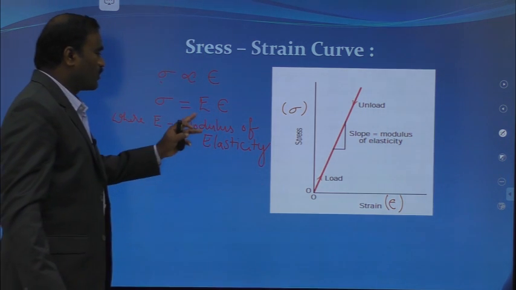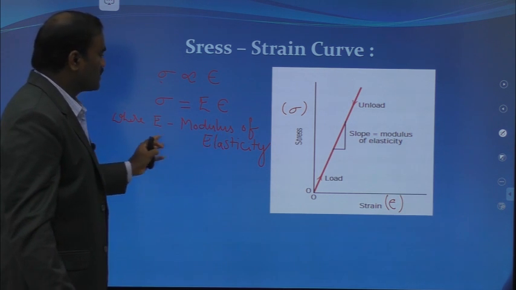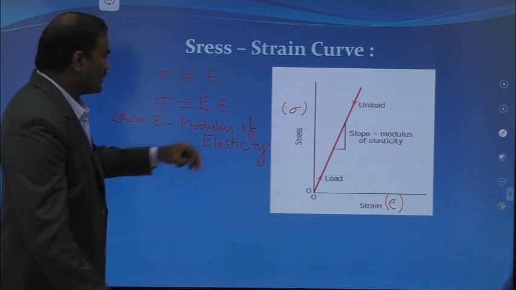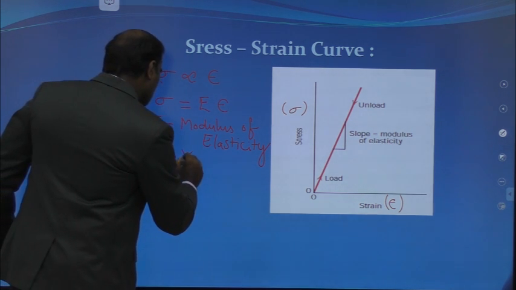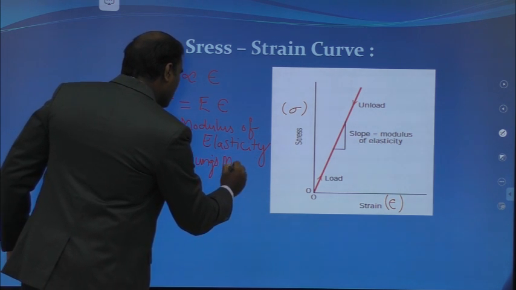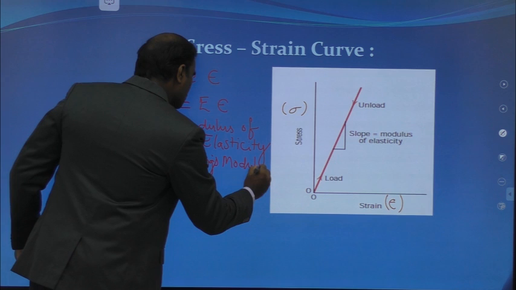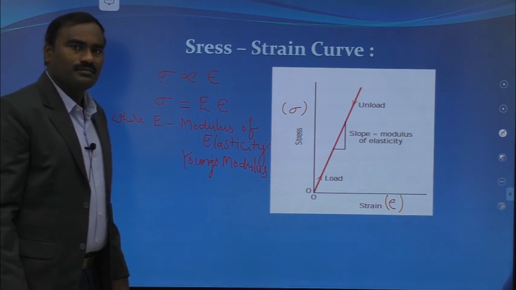The constant of proportionality E is called the modulus of elasticity, that is constant for a given material. It is also called Young's modulus.